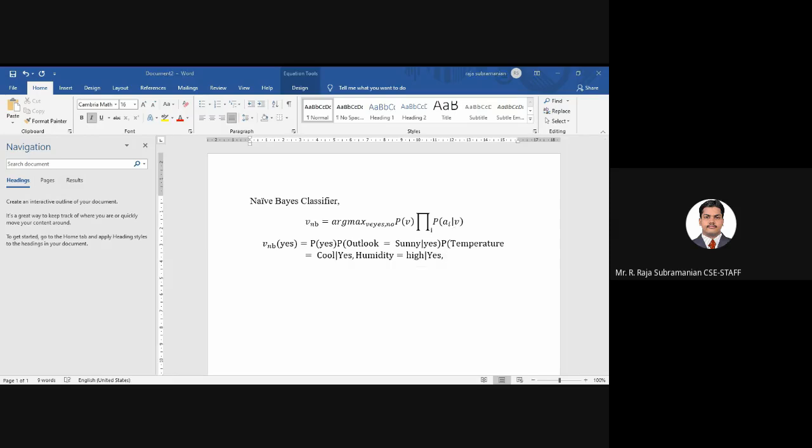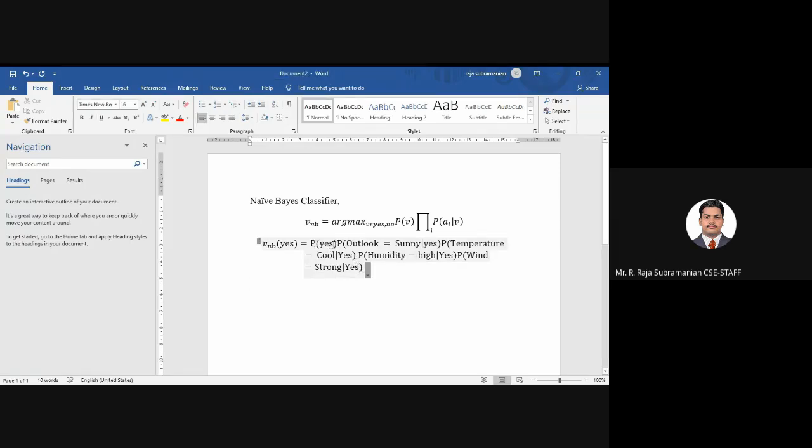And finally, everything you can write as a separate probability. So the probability into the probability of humidity is equal to high: how much humidity is equal to high is contributing to yes, into the probability of finally wind, wind is equal to strong given yes.